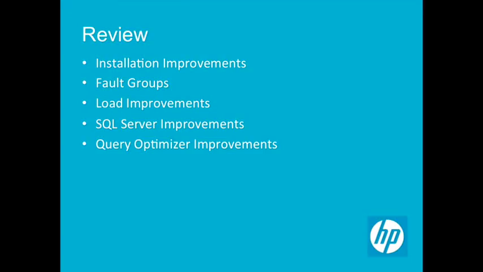In terms of SQL Server improvements, really we're just making Vertica available for SQL Server 2012, sort of your typical upgrade features. And for query optimizers, we talked about the parallelism and the partial group bys. These are things that are going to go on in the background, not something that you necessarily have to think about, but really it's just there to make your queries run more efficiently and allow you to have fewer query-specific projections.